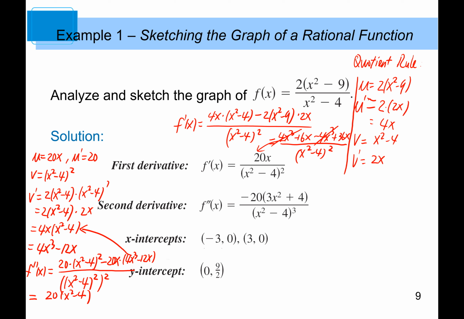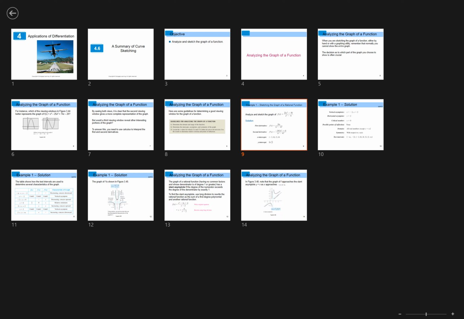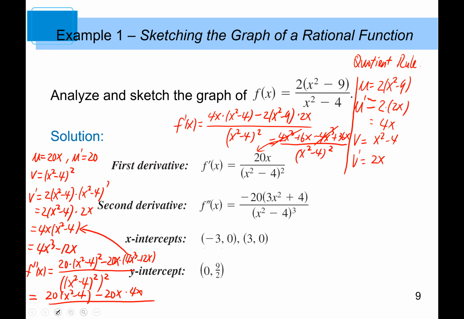That means you can reduce every single term by x squared minus 4. That will give us negative 20x times 4x over (x squared minus 4) to the fourth.